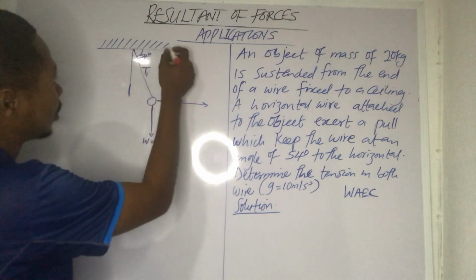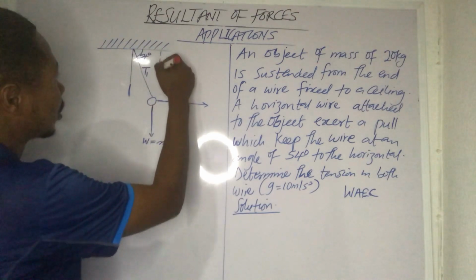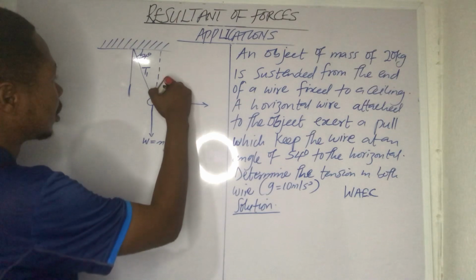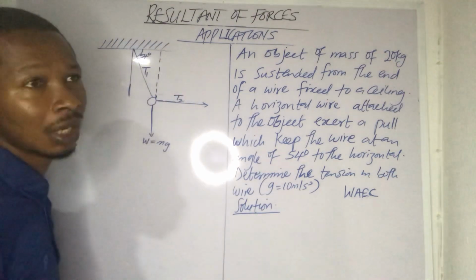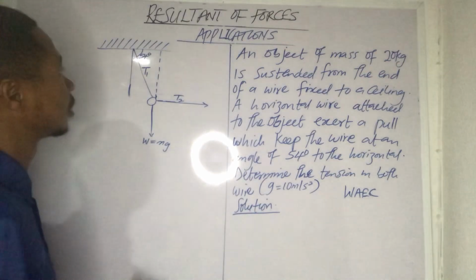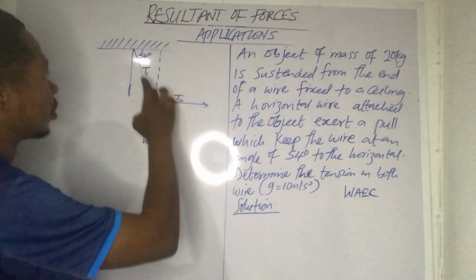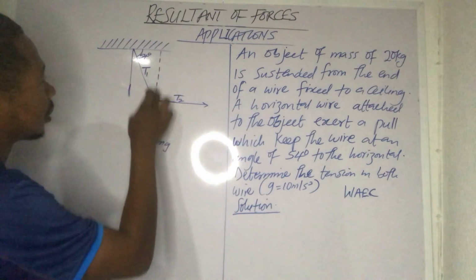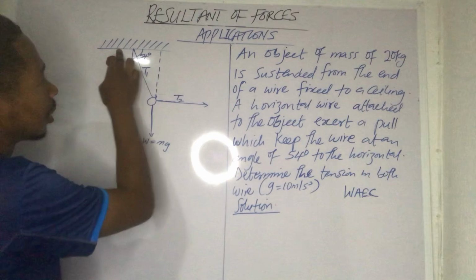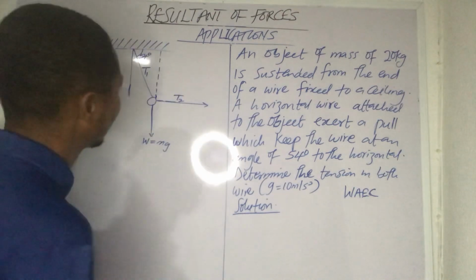I can complete this triangle by drawing a line like this. Then I'll find my horizontal and vertical axis. This triangle like this, now I can find this vertical, find the horizontal. If I bring this triangle out, I will have something like this.